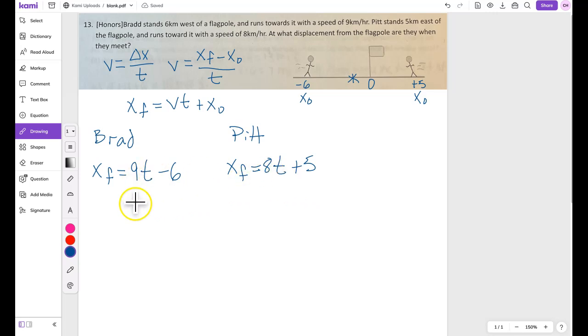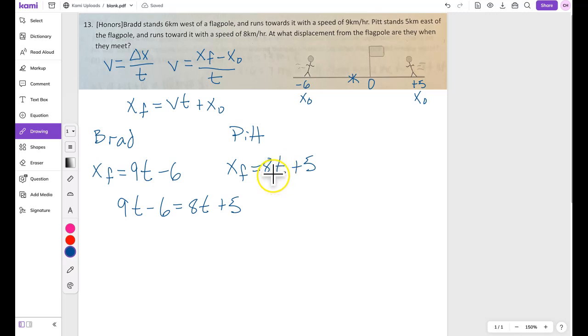So let's go ahead and do that. We're going to say 9 times t minus 6 for Brad is equal to 8 times t plus 5 for Pitt. Now, the other thing that we need to do is recognize that, remember, Pitt is moving to the left.